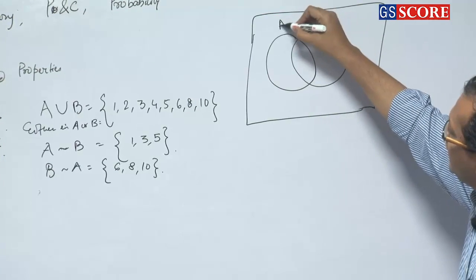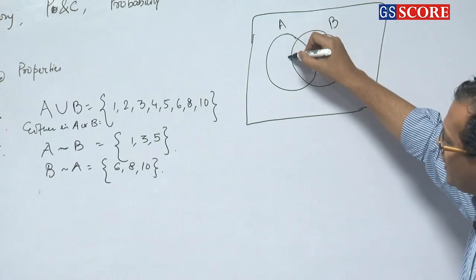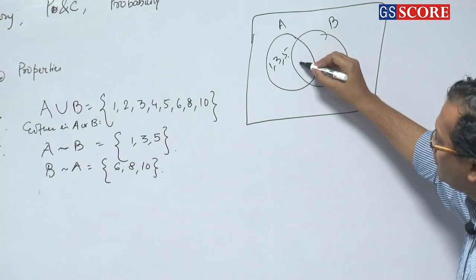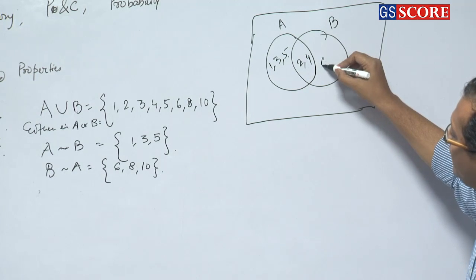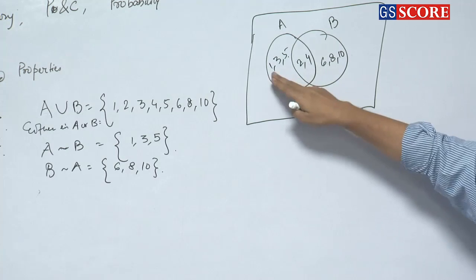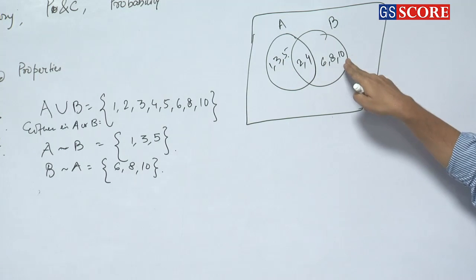So this is set A, this is set B. So only A 1, 3, 5. Both A and B 2, 4. Only B 6, 8, 10. So 1, 2, 3, 4, 5, 6, 8, 10.